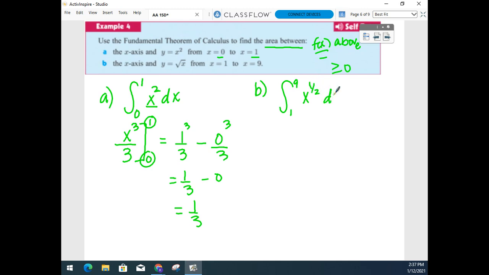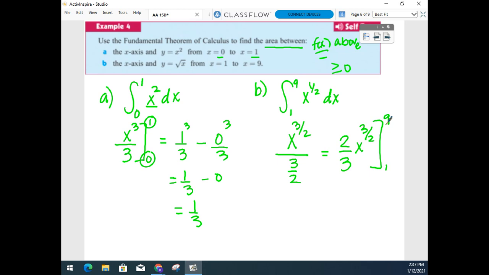I'm going to replace the square root of x with a power, x to the 1/2. So when we add 1, that's 3/2, and divide by 3/2. Remember, when you divide by a fraction, you multiply by the reciprocal, and we're going to evaluate that from 1 to 9.